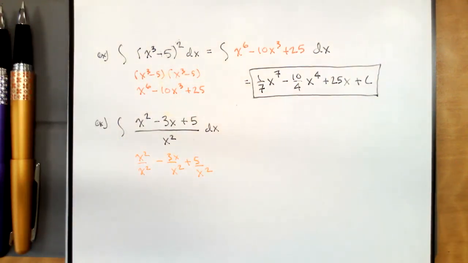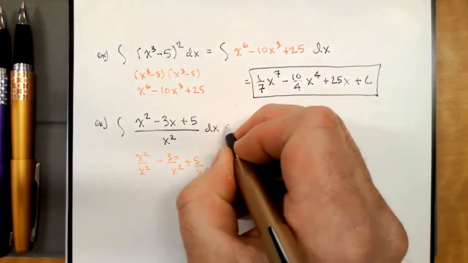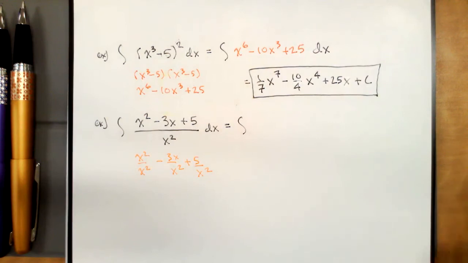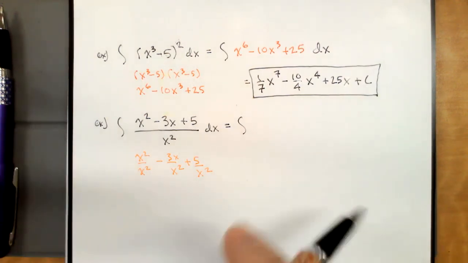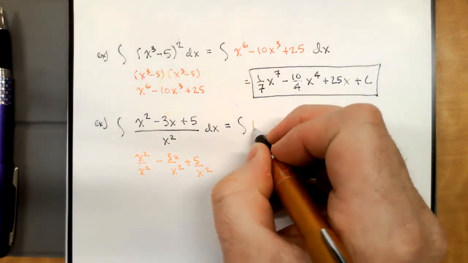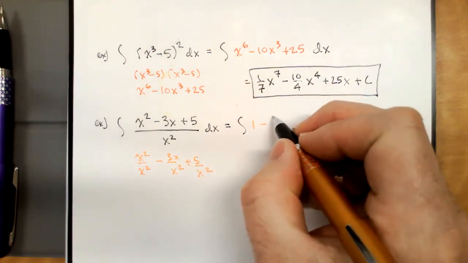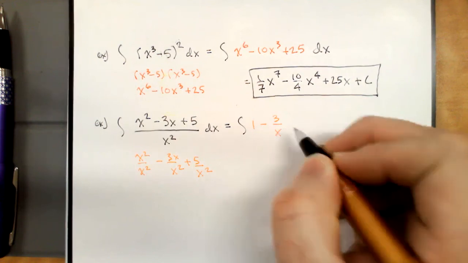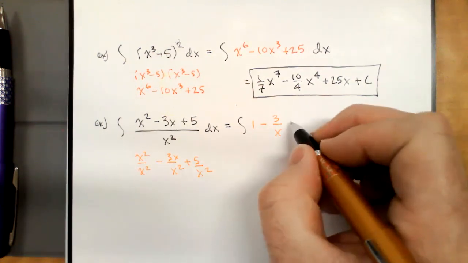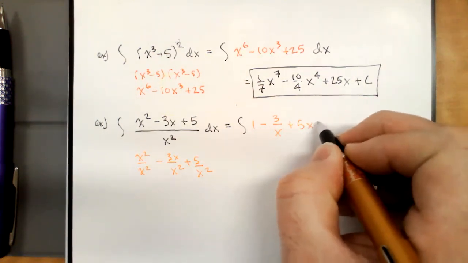Then I can just simplify each of those terms, and I'll have terms that are powers of x. X squared over x squared is 1. 3x over x squared is 3 over x. 5 over x squared is 5x to the negative 2.